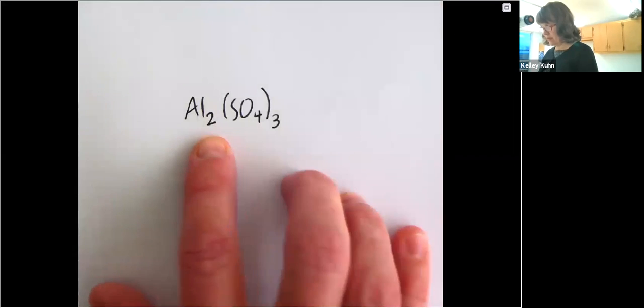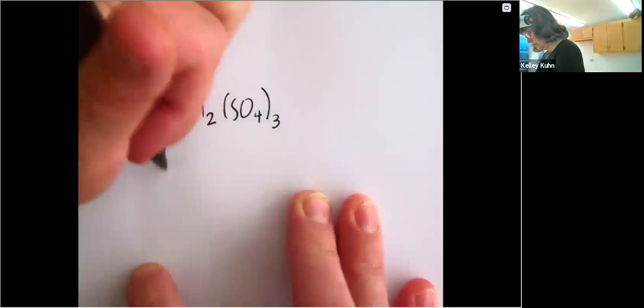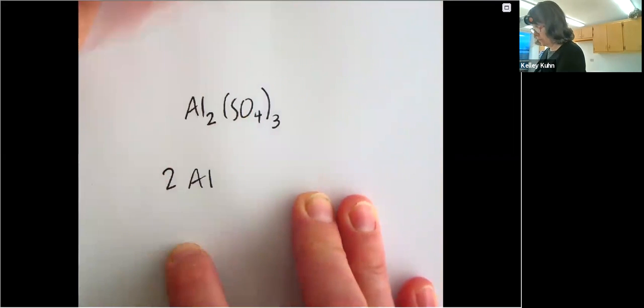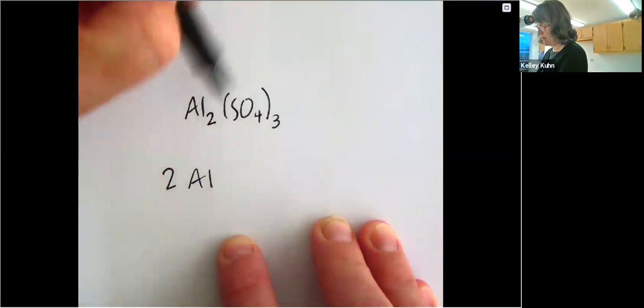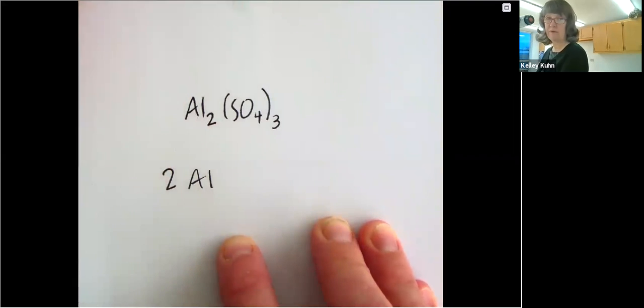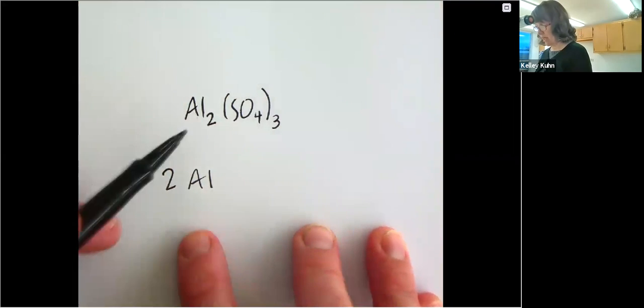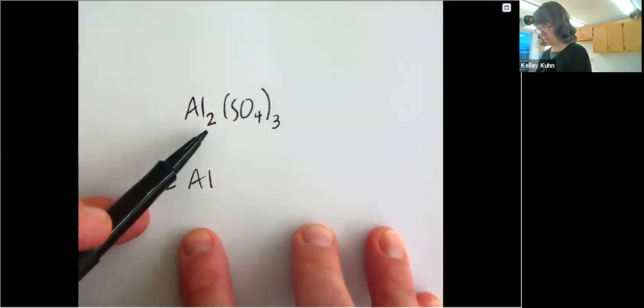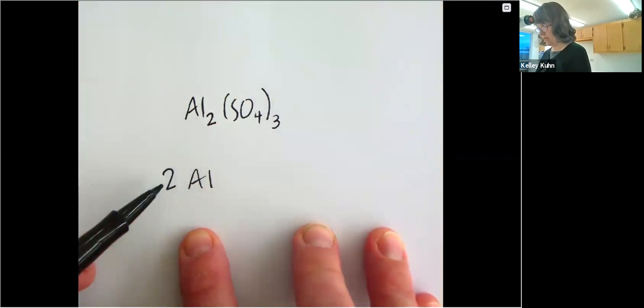Well, first of all, it's kind of easy to figure out how many aluminums I need, right? I'm going to need 2 aluminums. What happens with this 3 is it literally means I have 3 of whatever is inside the parentheses. The rule about subscripts is they apply to whatever is immediately in front of them. So this 2 applies to the Al, so I have 2 Als.